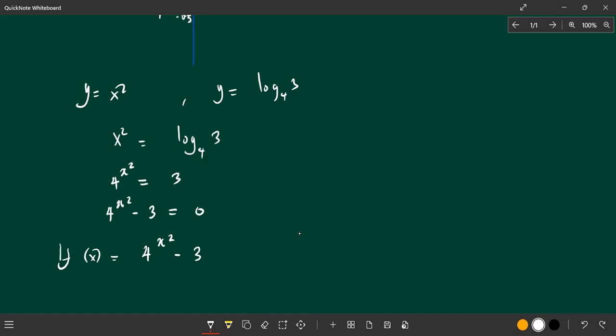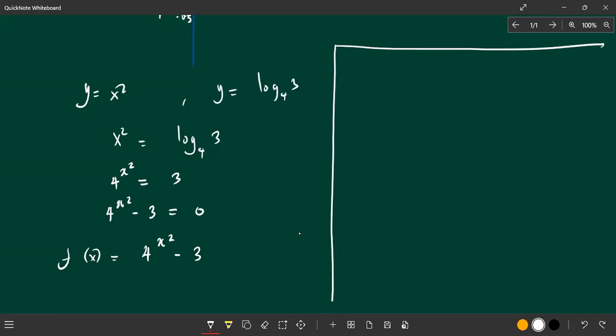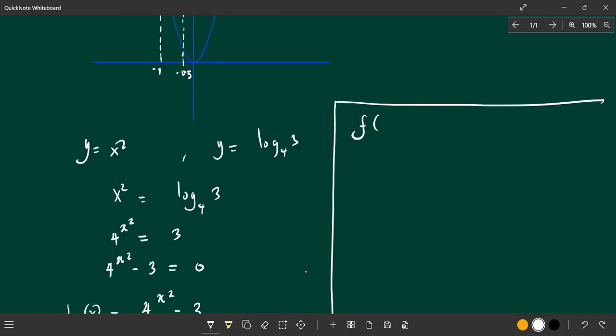Okay, so we have to check if indeed there's a root in that interval. We can do that by checking the sign change. If there's a root in the interval, the function has to change sign. So f of -1 is 4 to the power (-1) squared minus 3. This just gives me +1.